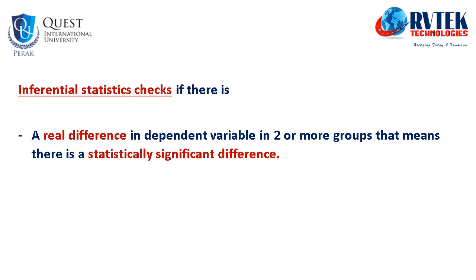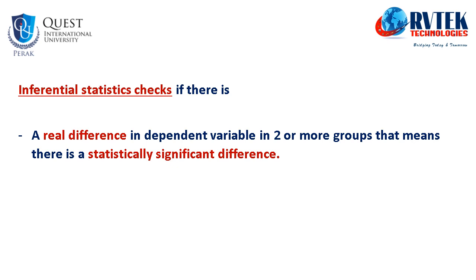Inferential statistics checks if there is a real difference in a dependent variable in two or more groups. That means there is a statistically significant difference. I will give an example: hemoglobin values among males and females.